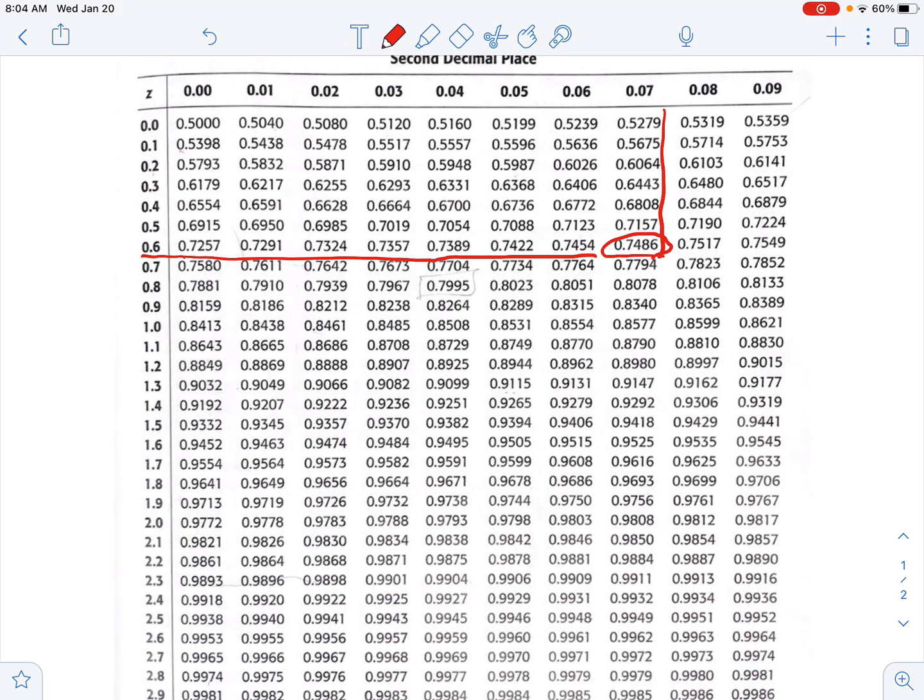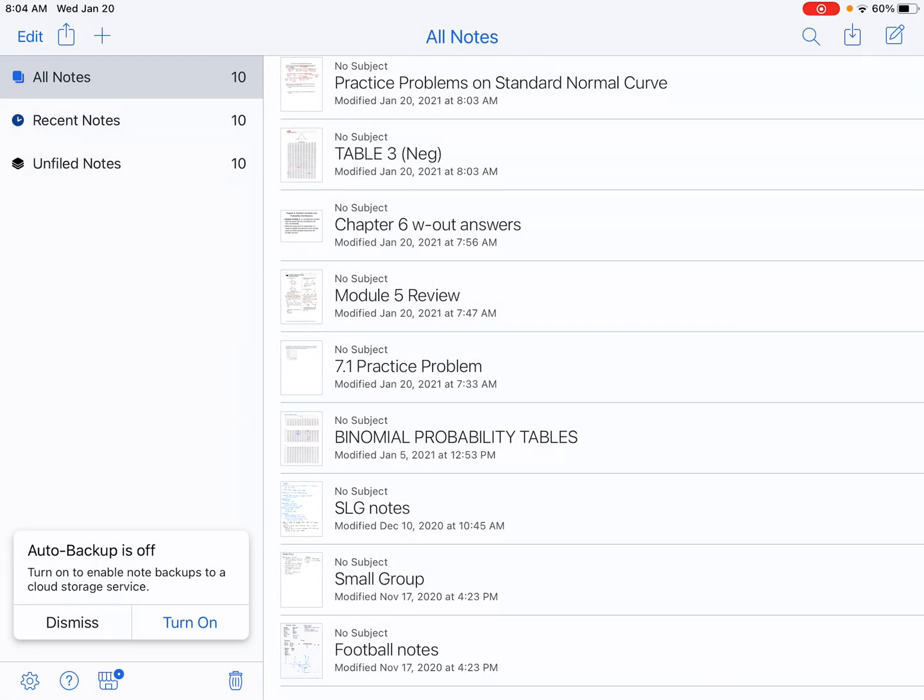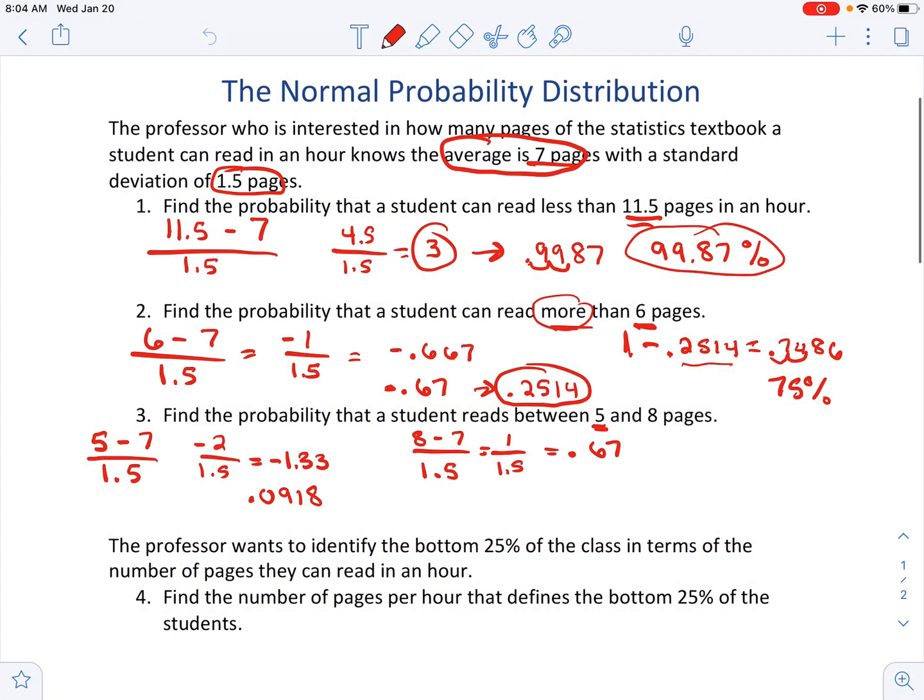So we look that up, and that's 0.7486. And we're going to go write that down.